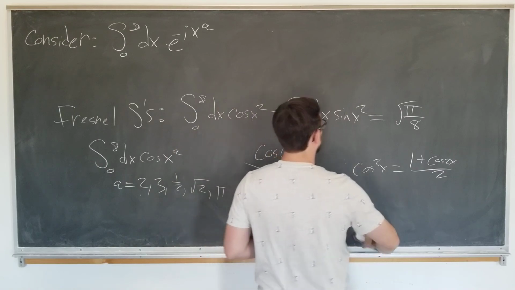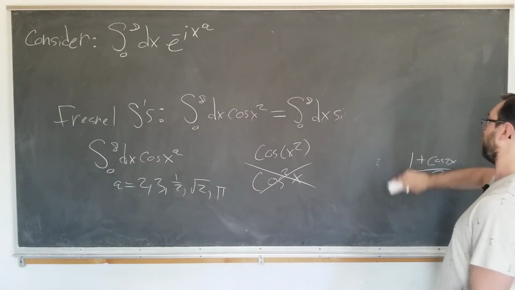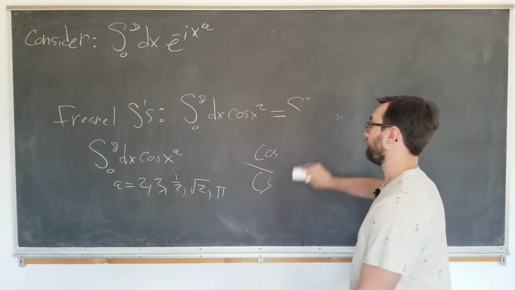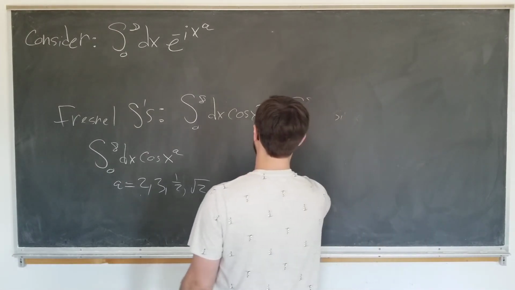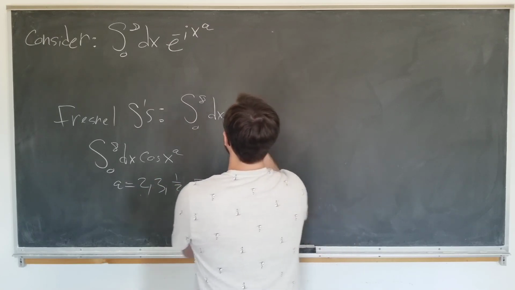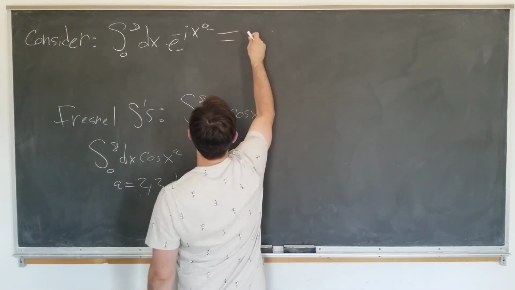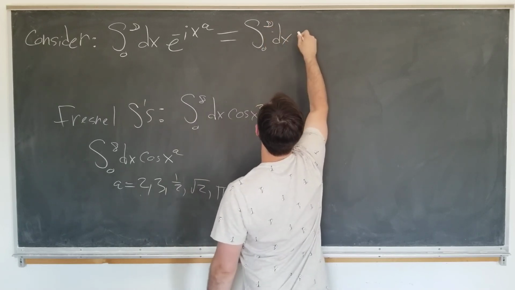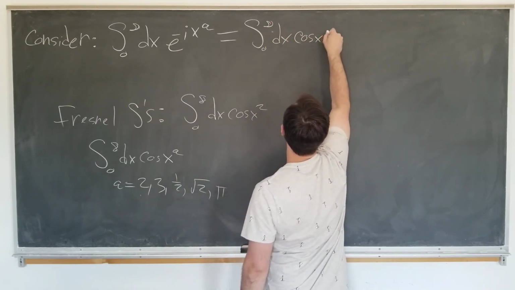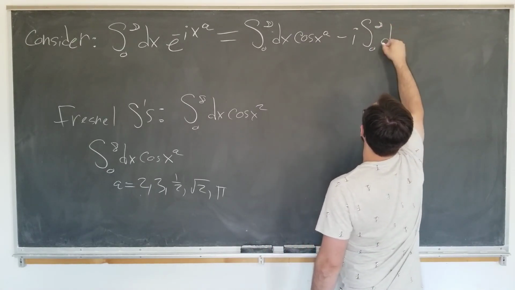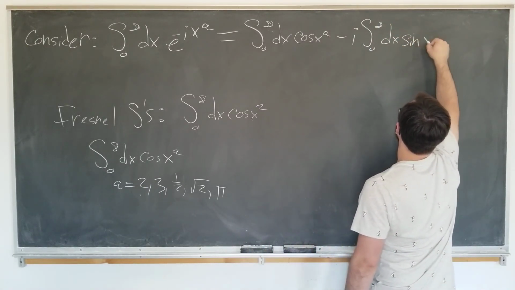Well, we can obviously see why we're considering a complex integral, because the real and imaginary parts are proportional to these integrals. I'll just show you here that this is actually equal to the integral from 0 to infinity of cosine x to the a minus i times the integral of sine x to the a.